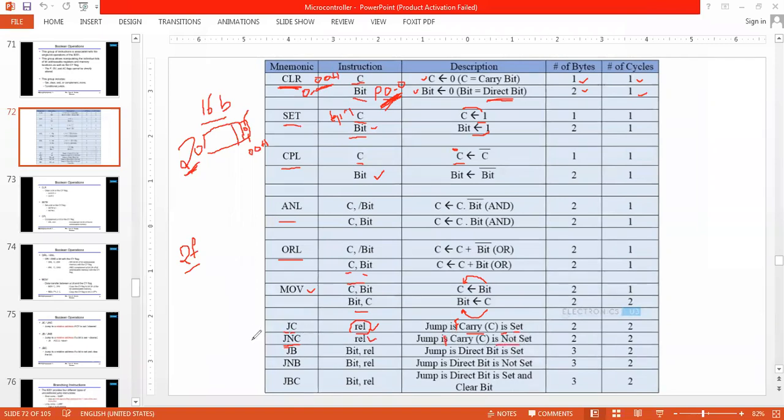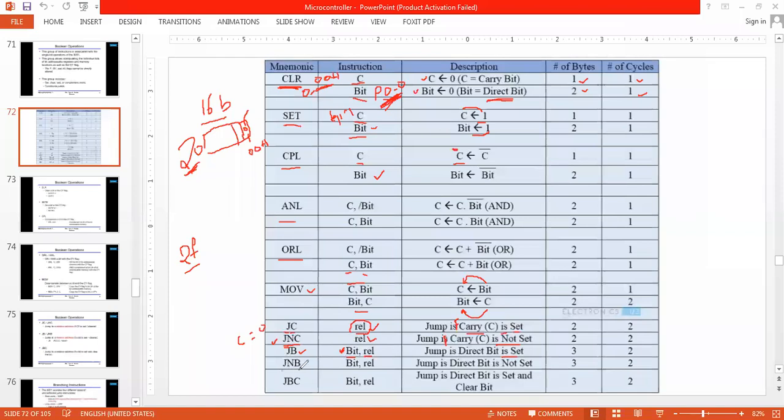It means C should be equal to 0, then only this instruction is going to be executed. Then again JB, jump if bit is set. Which bit, we have to specify here. If this bit is equal to 1, then the jump to a relative address happens.